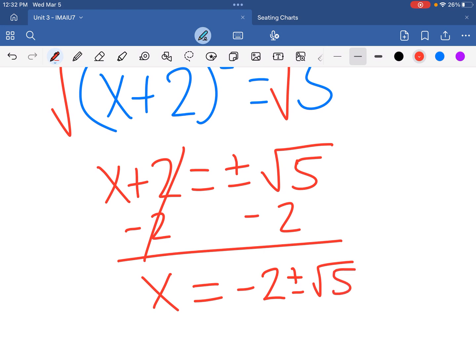You could have it in the other order as well. You could do plus or minus root 5 and then have a minus 2 at the end. However, just in terms of the grammar of math, whenever we have an irrational piece of our answer like this, we almost always write it last in order. And that's the only reason why I rearranged it.